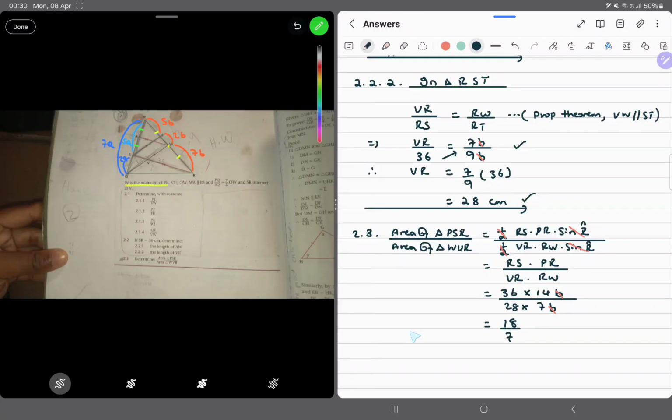That looks a bit better. Remember, this is a ratio, so we leave it as such.